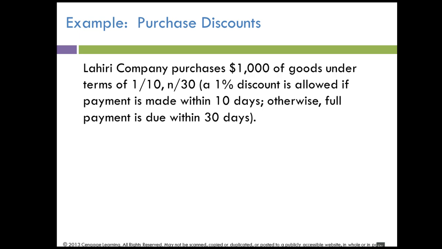And then as we talk about purchase discounts, we're showing here the various methods of how purchase discounts are shown. So in this case, Lahiri purchases $1,000 of goods, 1/10 net 30. And if they pay for those goods within 10 days, they get a 1% discount.